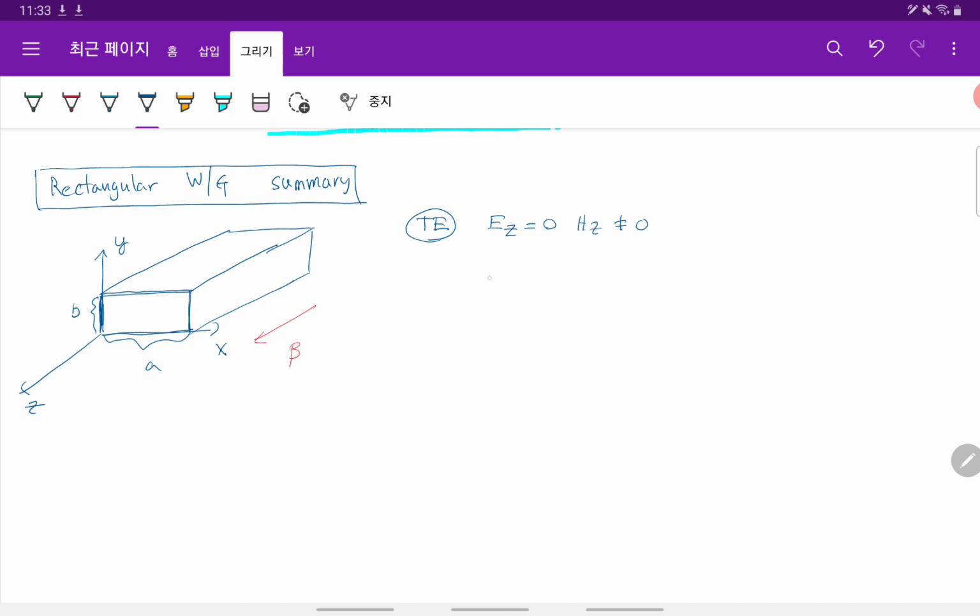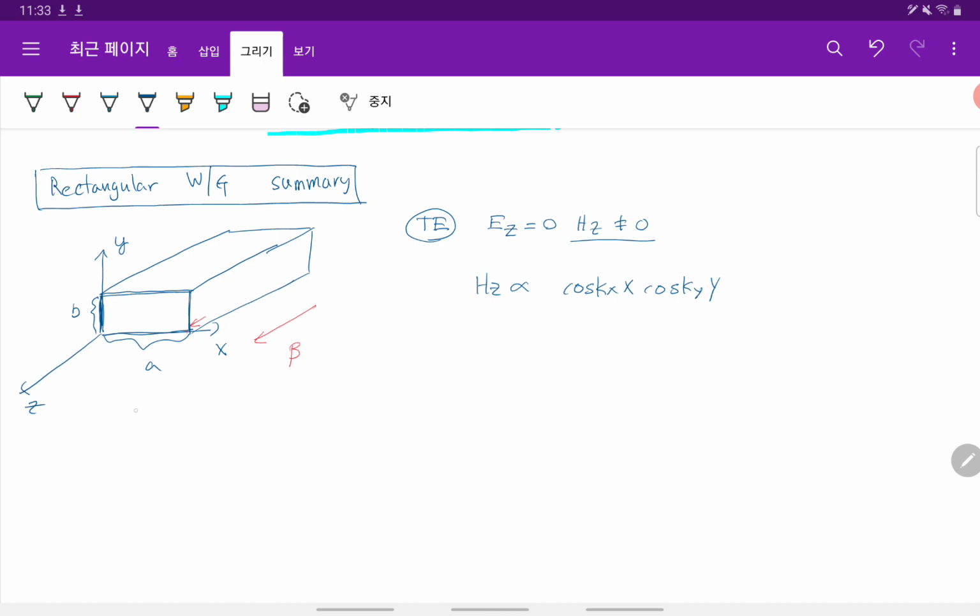So we start from Hz, and Hz is in this direction, so Hz has a value on all the surfaces. So Hz should follow cosine kx x, cosine ky y.